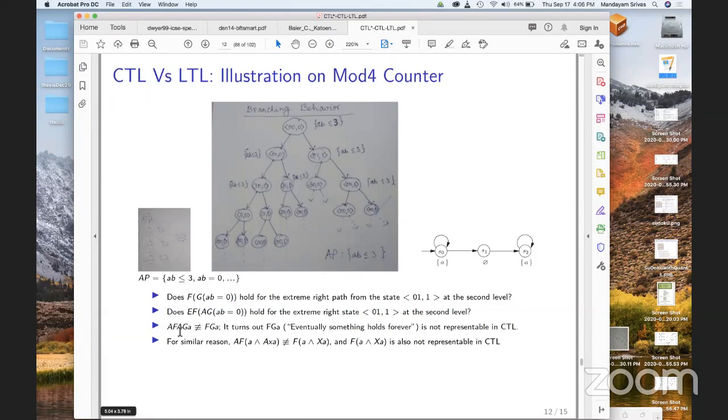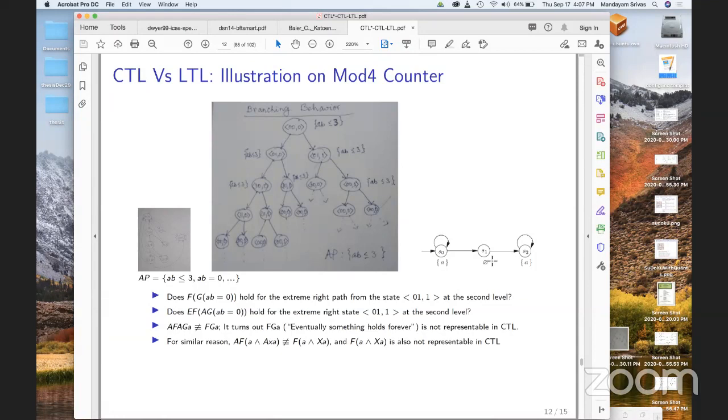So you should be asking whether S0 satisfies AG of A. Does every path satisfy AG of A? No, it does not, because for it to satisfy, every path originating from S0 has to satisfy A, but there are paths from S0 that go through S1 before going to S2, and in S1, A is not satisfied.